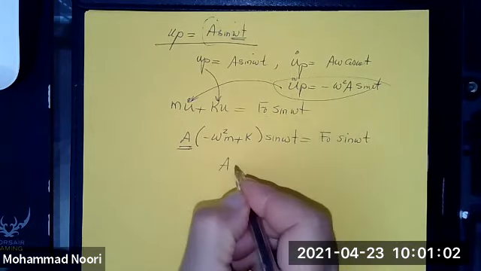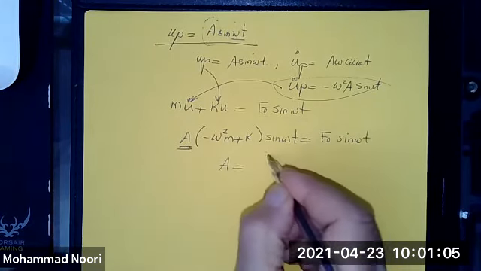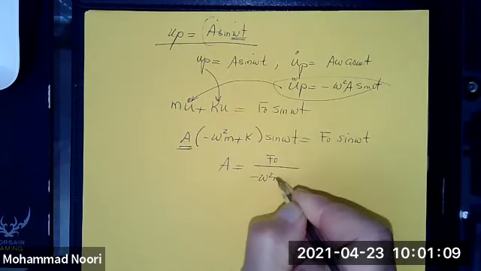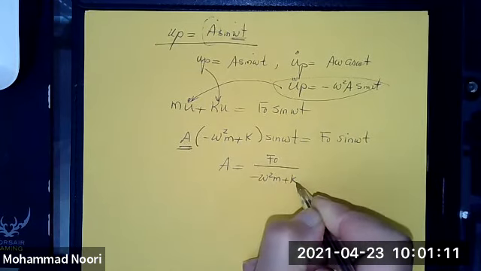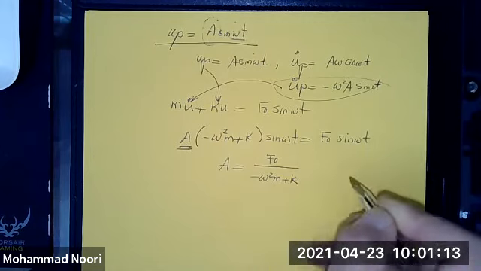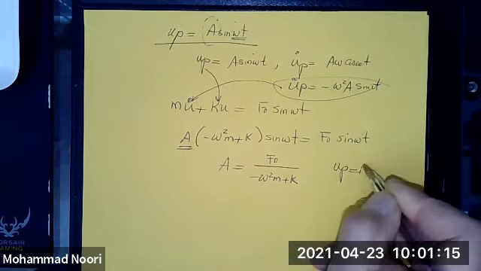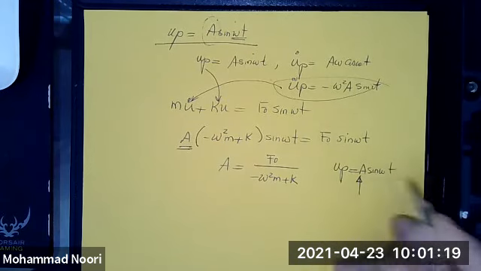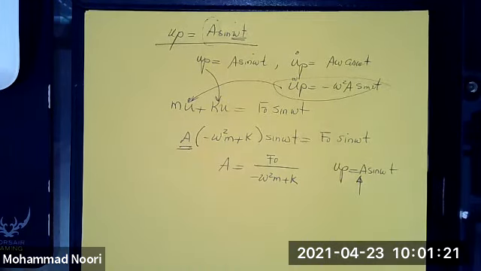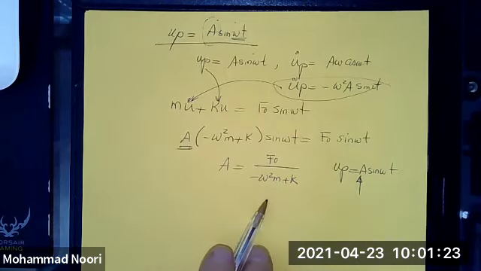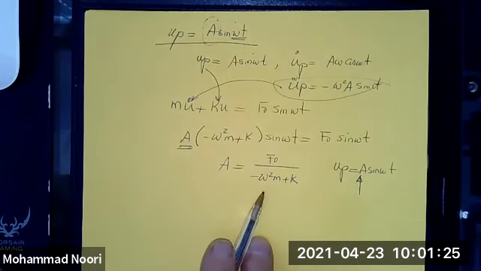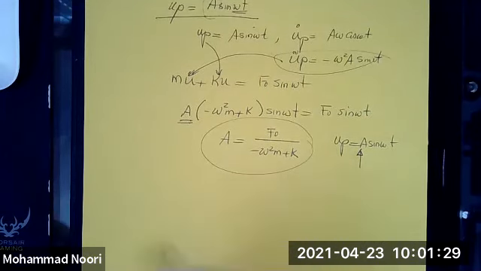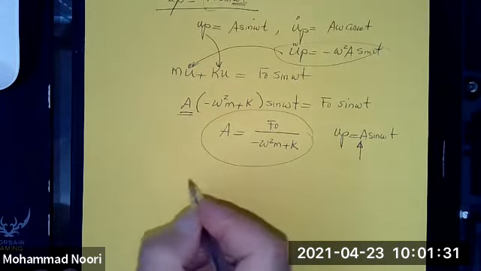From this relationship, you can see that A would be F0 over minus omega squared m plus k, okay? So u_p is this A sine omega t, where this is A. But let's pay more attention to this. I'm going to write this in a nicer form, and we have a reason for that.